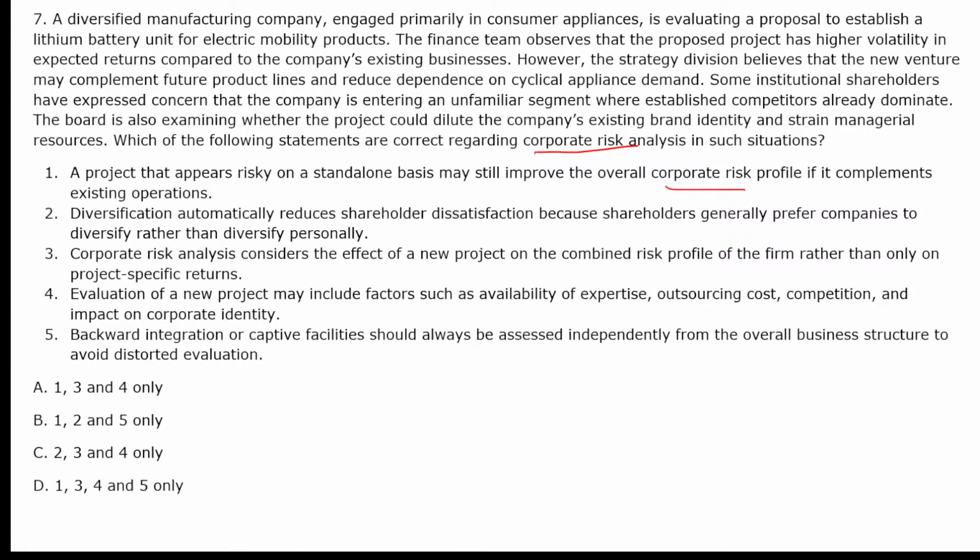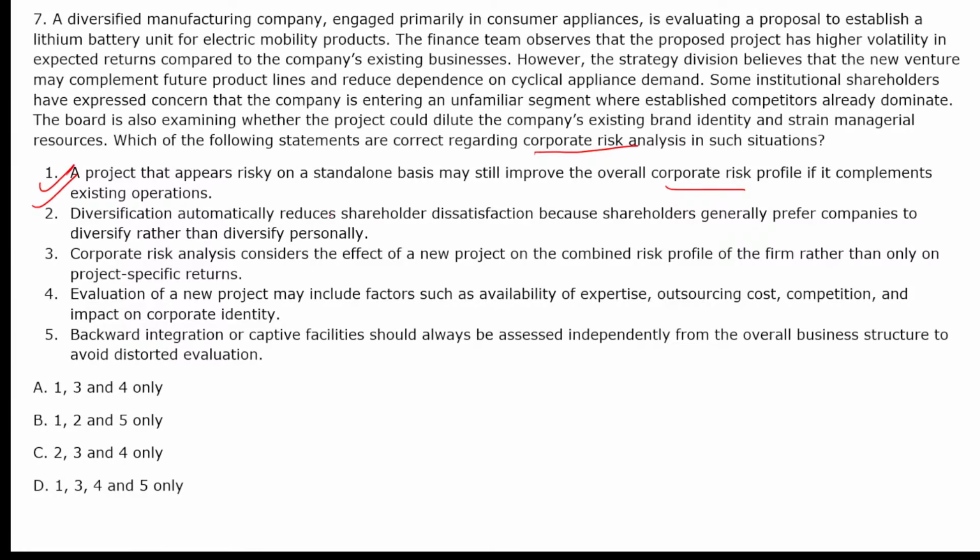It is saying that on its own it is very risky, but the overall corporate risk profile will improve since it is a good match for existing operations. Do you think this is correct? Yes. Individually it might be risky, but it will strengthen the overall portfolio because I am reducing the dependency on just existing operations. So this is correct.